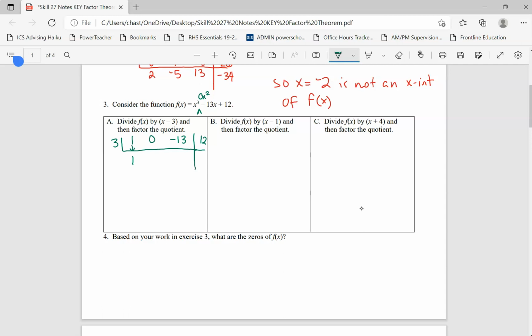Bringing down the 1, 1 times 3 is 3. 3 times 3 is 9. Negative 13 plus 9 is negative 4. And negative 4 times 3 is negative 12. Oh, we get a remainder of 0. Okay, so remainder is 0. So x minus 3 is a factor of f of x.